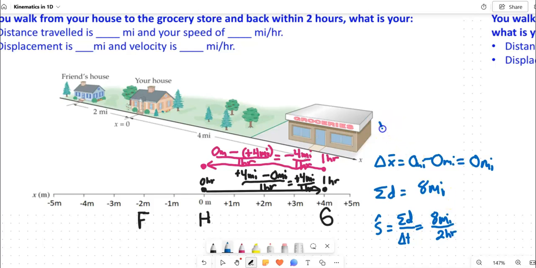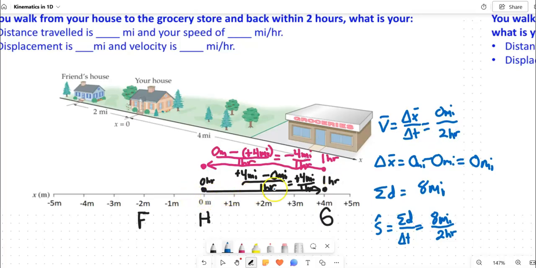While your velocity, which is your displacement over time, is going to be 0 miles. You started and ended at the same place over the period of 2 hours.